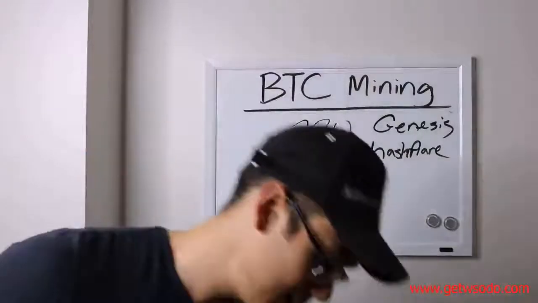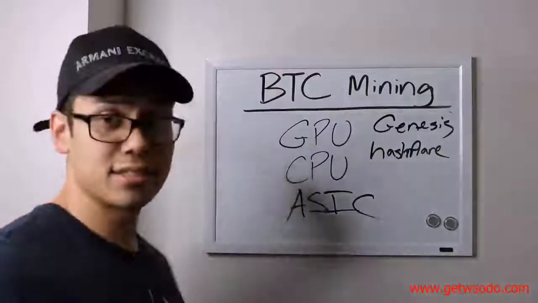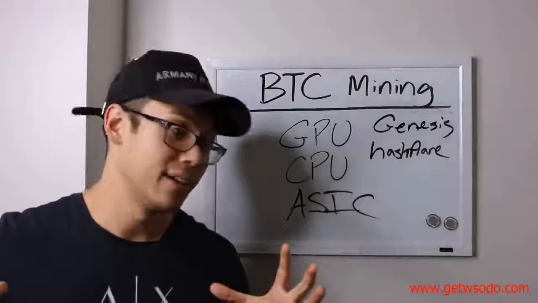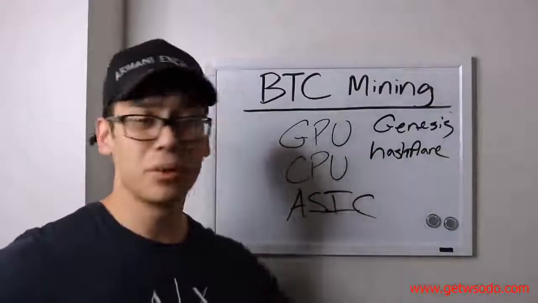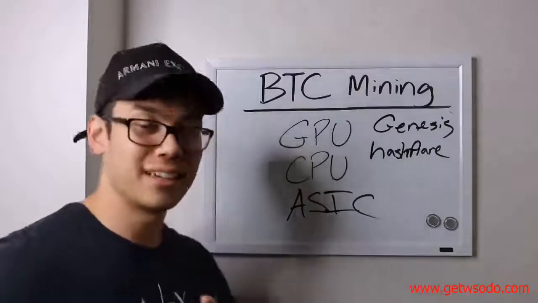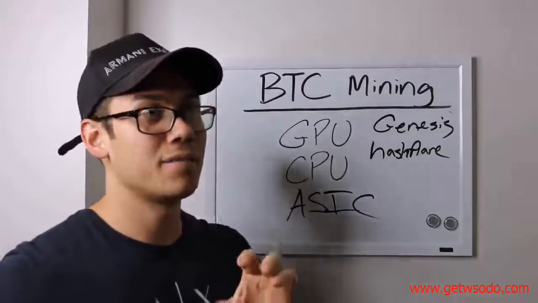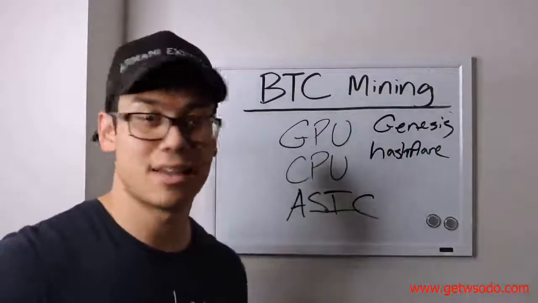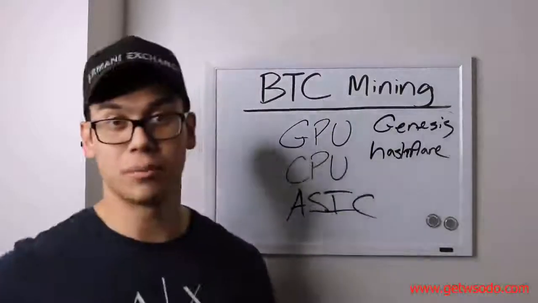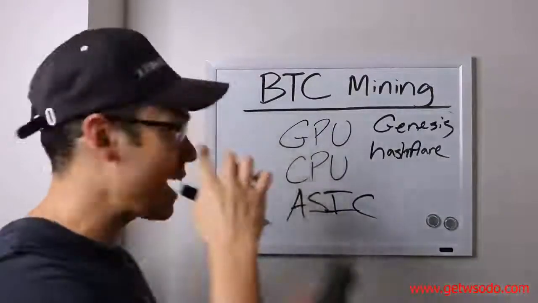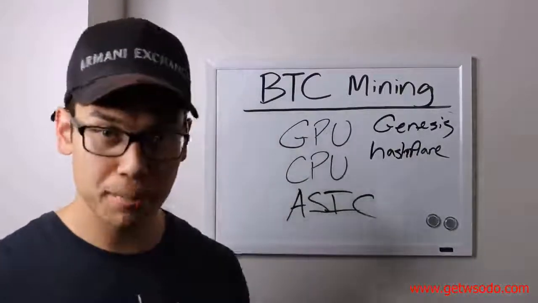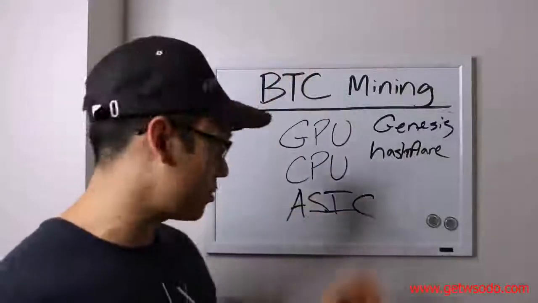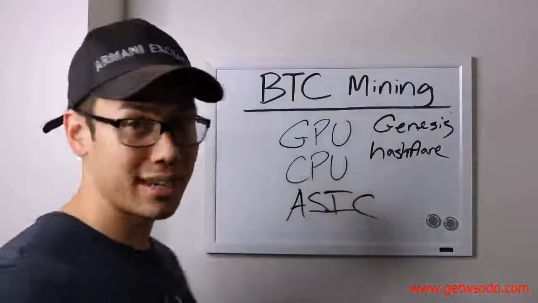Basically what Genesis did is they built what's called a mining farm. They've built them all over the world in areas where electricity doesn't cost that much. They have thousands of computers in each mining farm. I know they have one in Iceland where the electricity is super cheap, and basically they're renting out space to you.